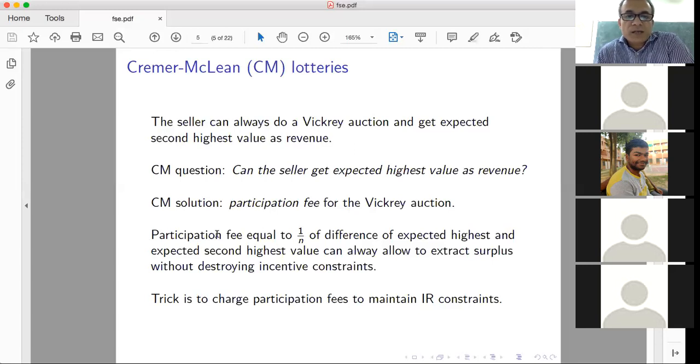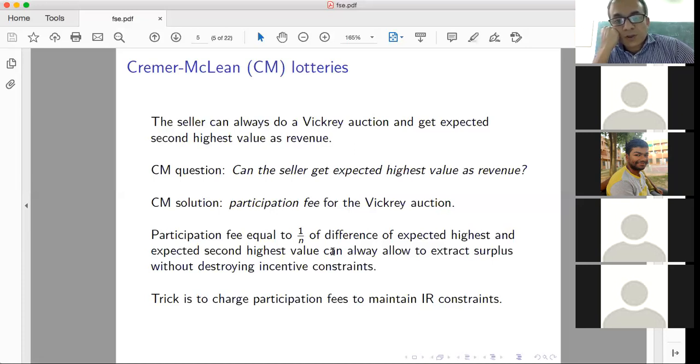So what we will ask the buyers to pay as participation fee is equal to 1 over n times the difference between the expected highest and the expected second highest. If you ask everyone, irrespective of whether they win or lose, to enter the auction house, they have to pay this particular participation fee.